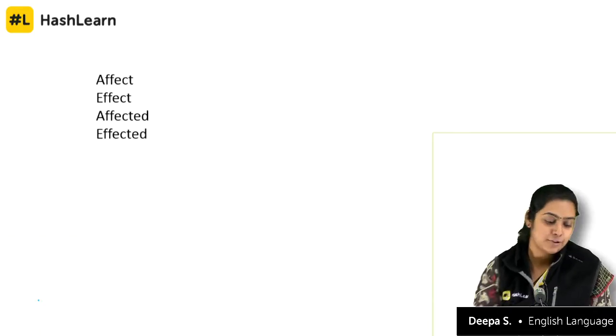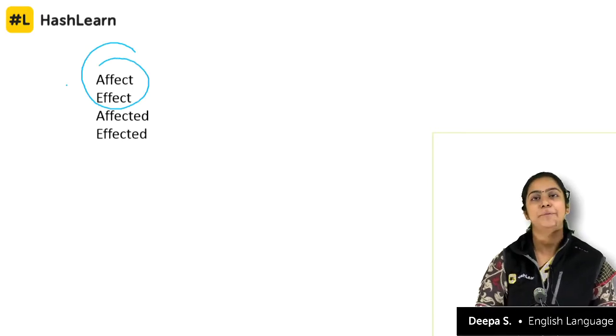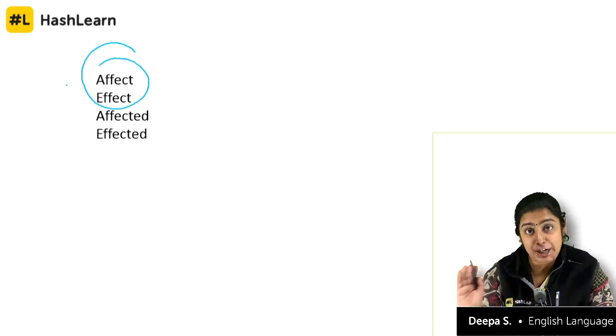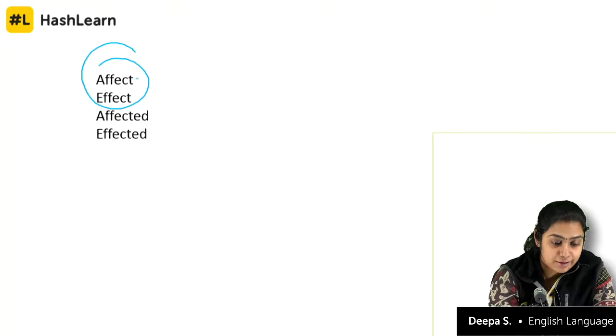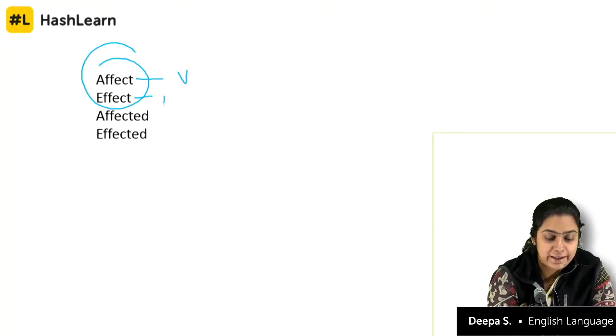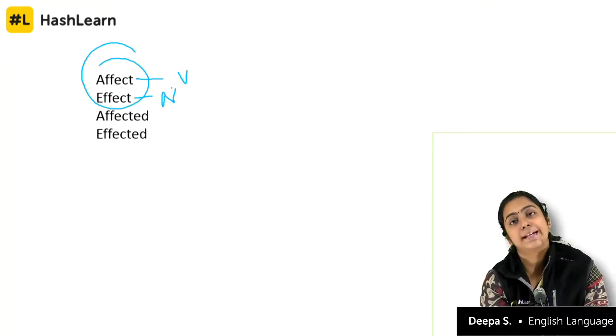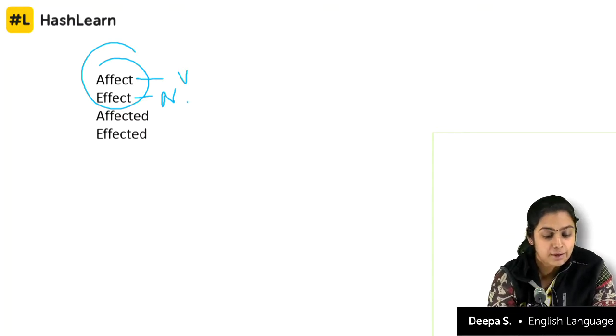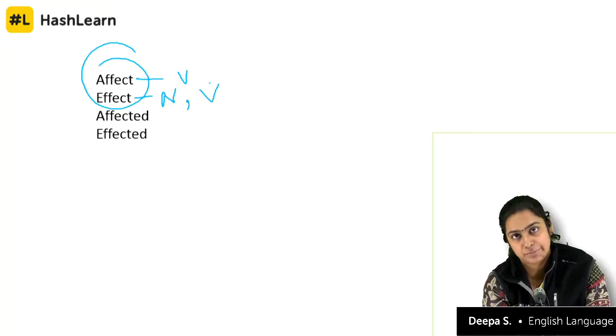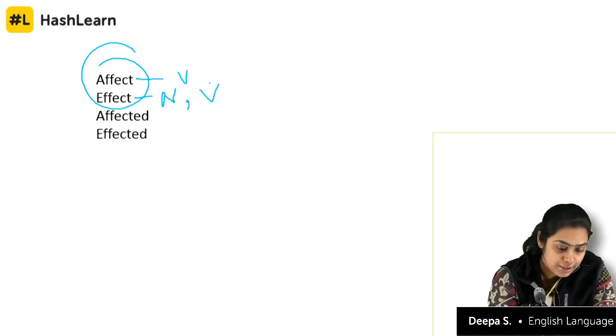Let's look at the first word pair that most of us tend to get wrong, okay? Now, affect and effect. Affect is a verb while effect is a noun. Now, also remember that in certain places, effect can be a verb, okay? Now, look at this.